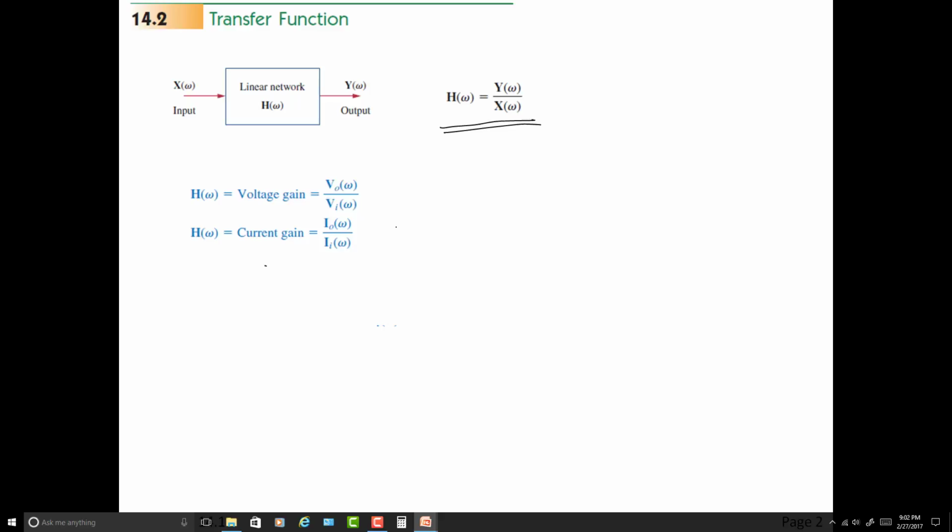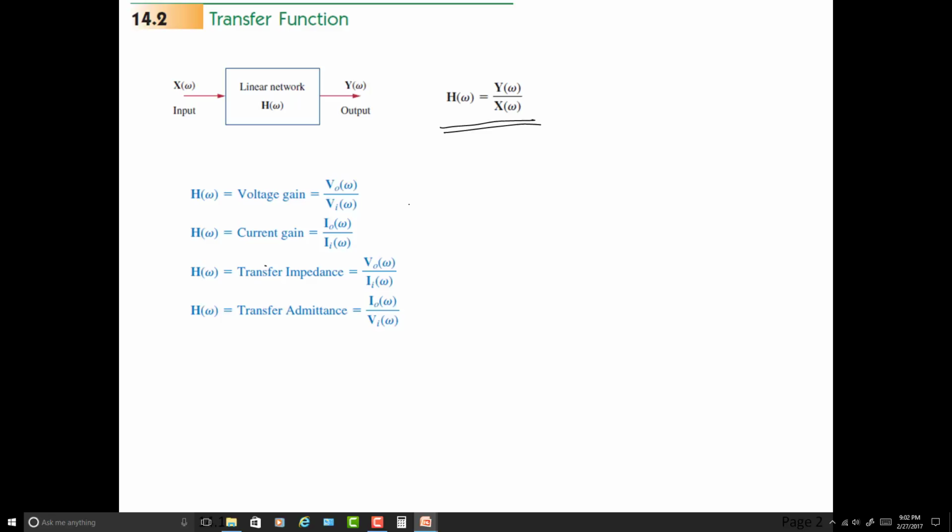We can also be talking about current gain, simply the current out divided by the current in, both as a function of frequency. We could also be relating output voltage to input current, right? Transistors do this. Various types of transistors. We'll do a transfer impedance, okay? And we can have the dual of that, transfer admittance, where we're actually tracking output current as a function of input voltage, a driving voltage, okay?